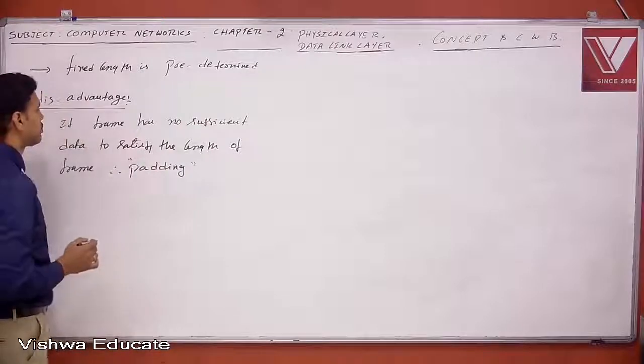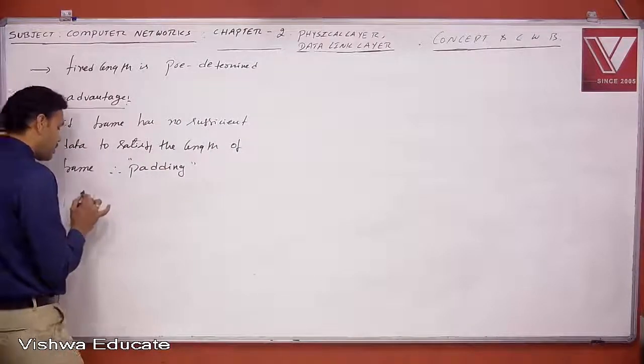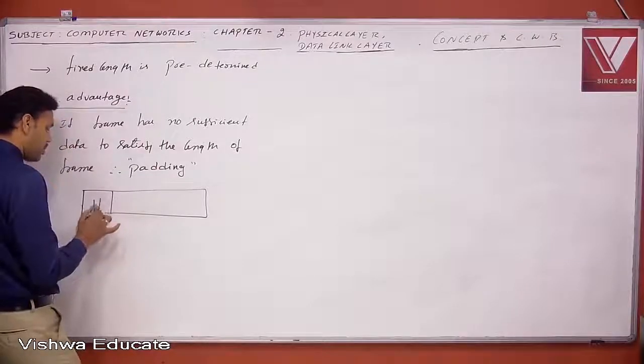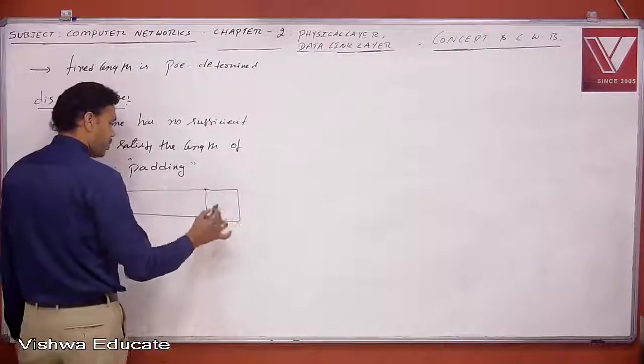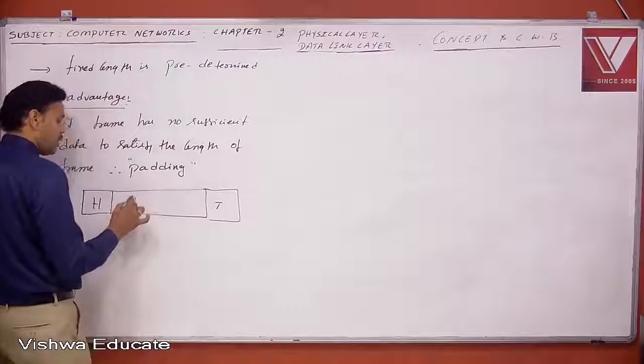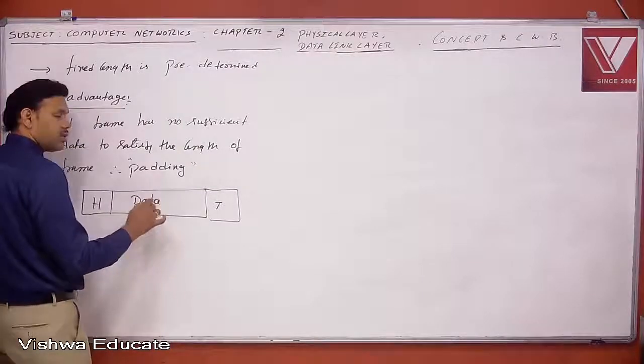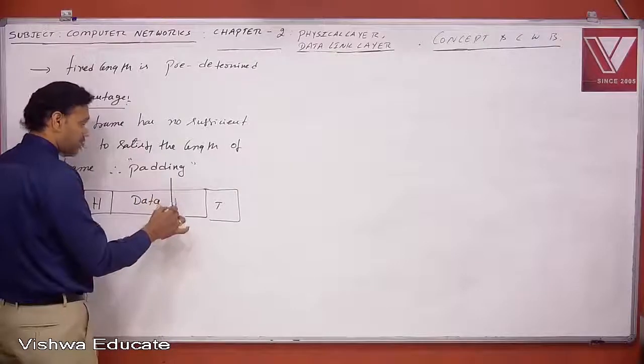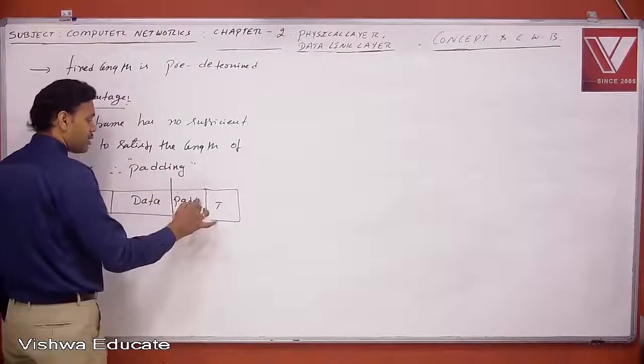Okay, so that's why the frame format consists of, please look at the board, a header and a trailer. If you have data, you keep it. If you don't have data, you're supposed to have one more field. What is that?